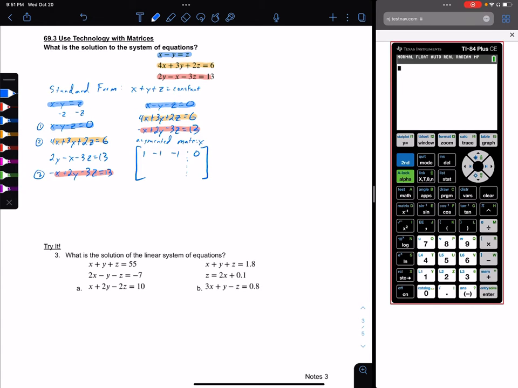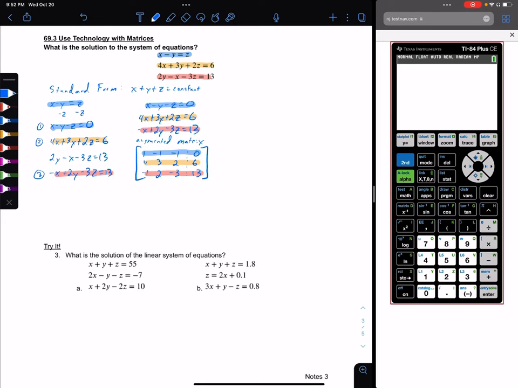Those are my coefficients, and the constant is 0. So we'll keep highlighting. Second one, we have 4, 3, 2, and 6. And then the final one, we have negative 1, 2, negative 3, and 13. So that's the second step.